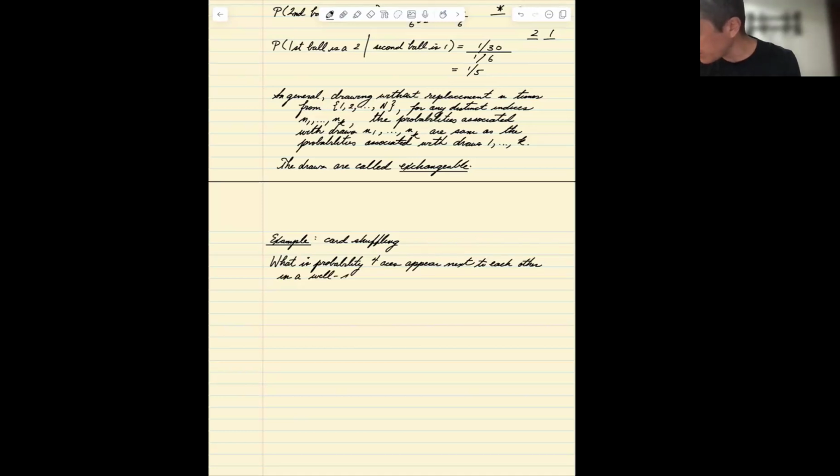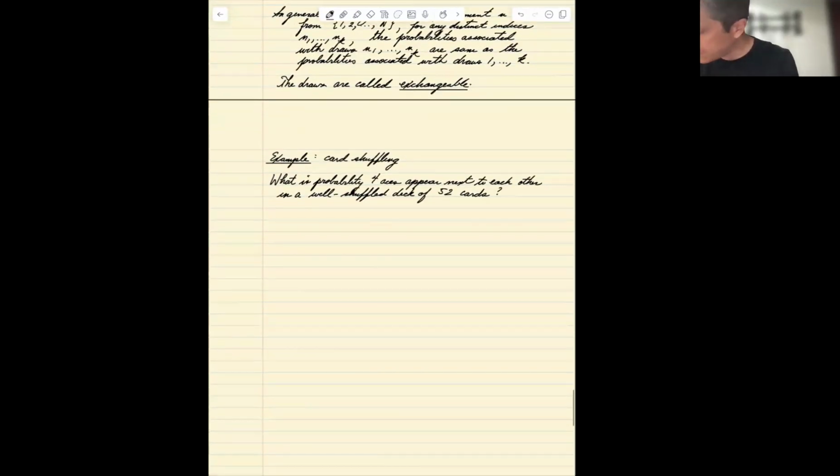What I mean by well shuffled is that all orderings are equally likely. Well shuffled deck of 52 cards. So in other words, we have 52 spots.